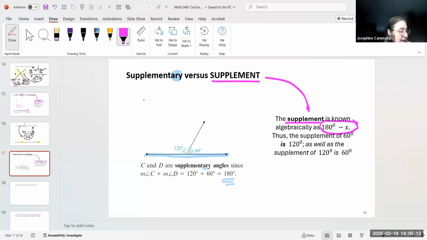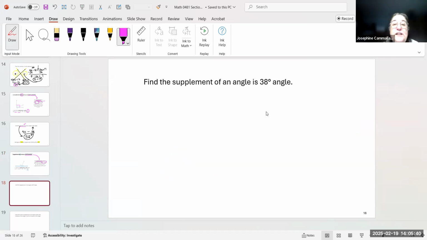Now, they also get a little more interesting using these words supplement and complement, supplementary and complementary. You are going to need to recognize what these mean, because with these story problems, unless you understand the vocabulary, you're not going to be able to solve them. And here is a perfect example, okay?